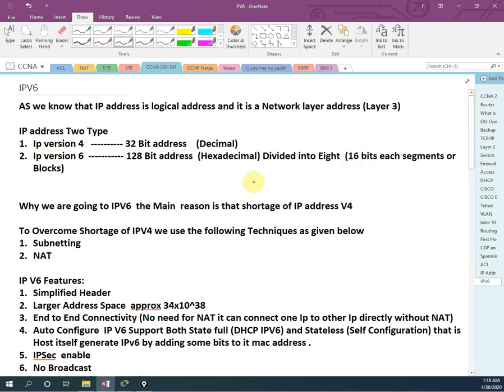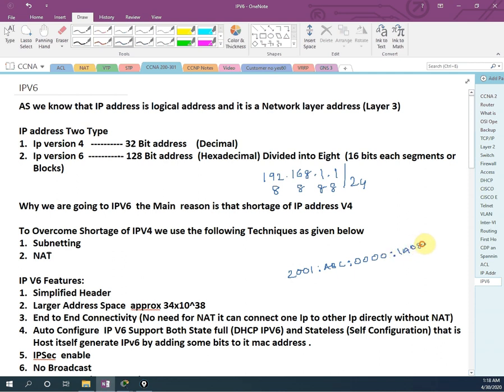If you remember, in IP version 4 we wrote something like 192.168.1.1 /24, and each part is 8 bits. But in IPv6 each block will be 16 bits and we will write like this: 201 : ABC : 0000 and so on, 1A0.